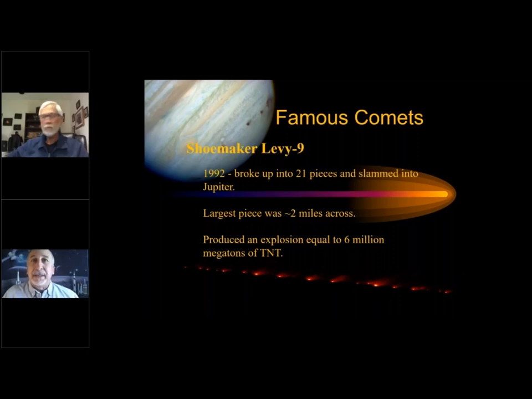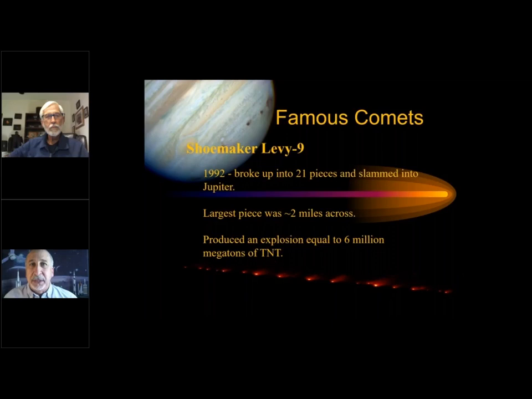In fact, before it did hit Jupiter, it broke up into 21 pieces, and the largest piece was 2 miles across. It was huge, and each had a tail, and we got to watch over a period of hours and days each of these pieces slam into the planet.